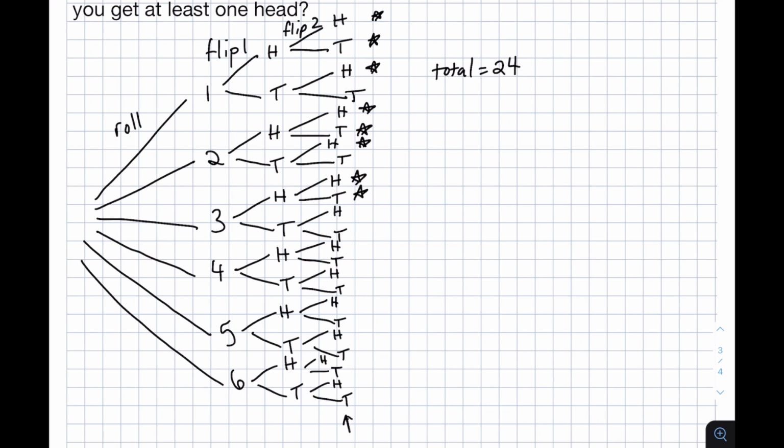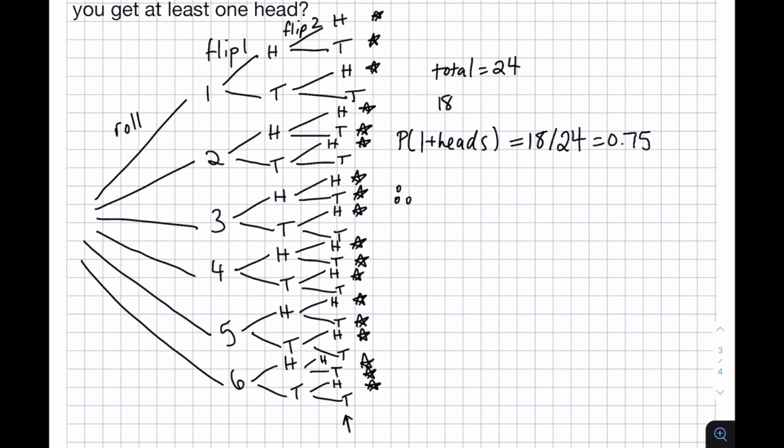After we do this, we can count the amount of stars to find the probability. So the number of stars is 18. That means the probability of 1 plus heads is 18 out of 24. This equals 0.75.